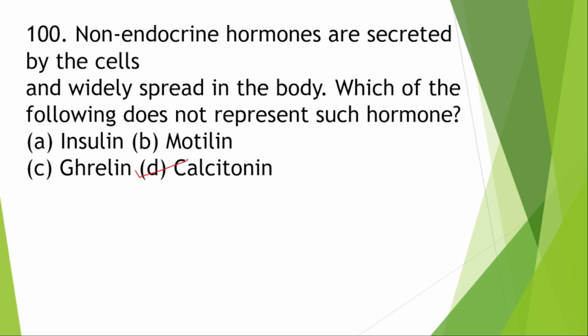Non-endocrine hormones refer to local hormones, or hormones from non-organized endocrine tissue, secreted by specialized cells. Motilin and ghrelin are secreted by the gastrointestinal tract, whereas insulin is secreted by the islets of Langerhans in the pancreas. So these three are not, but D, calcitonin, is not a non-endocrine hormone.